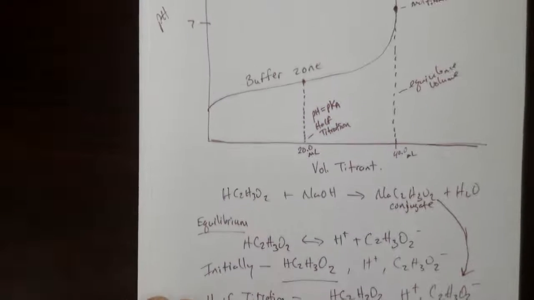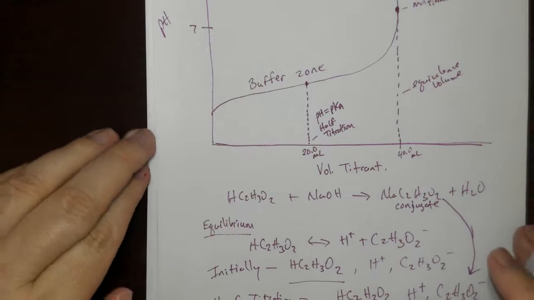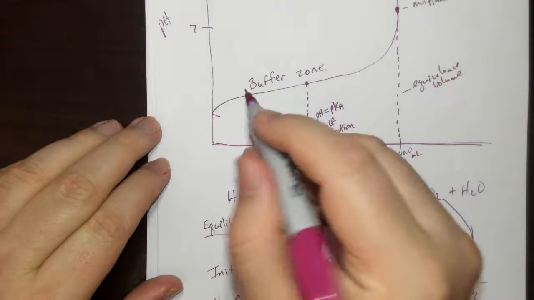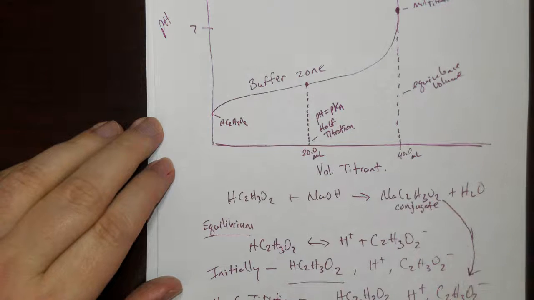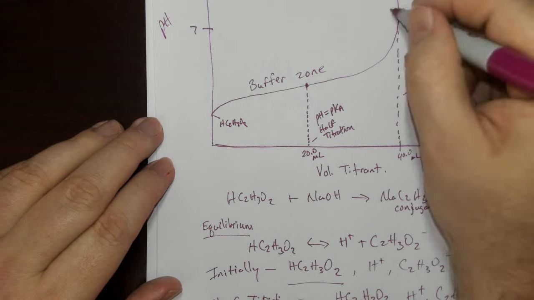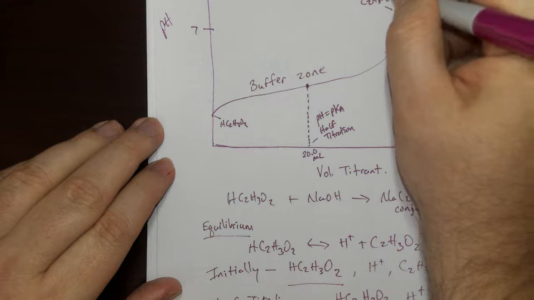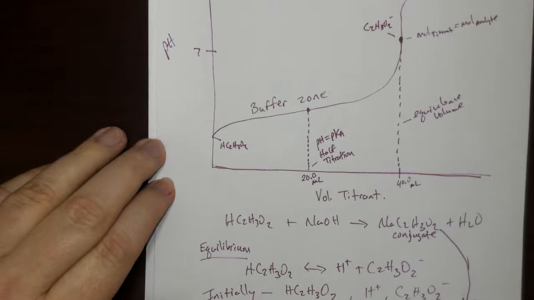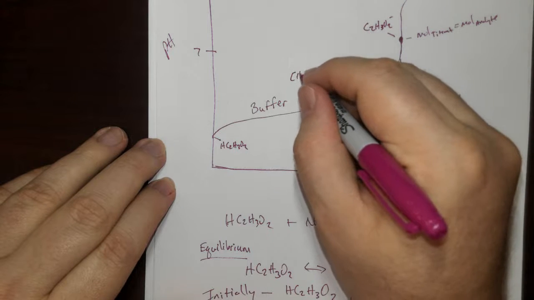And so if we go back up here, we'll just put the most common species at each point in titration. So here, HC2H3O2 is the most common. Here, it's going to be the acetate ion. Here, they are equal.